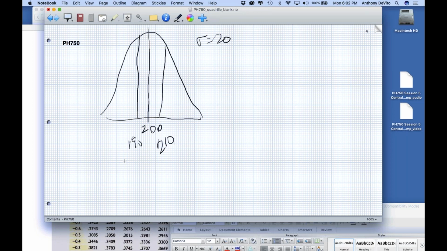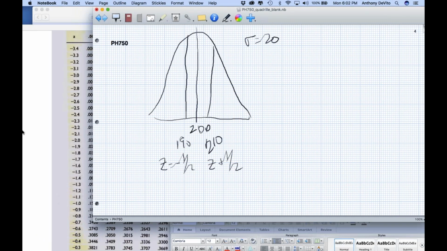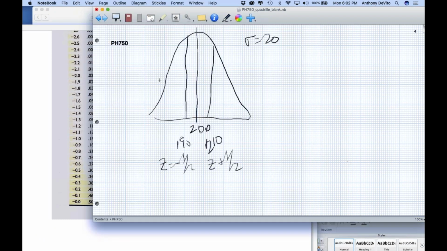Pretty clear that each one of them, this is a z-score of minus 1/2, and this is a z-score of plus 1/2. So I'm going to go to my table, and minus 0.50 is 0.3085. So this area from this point south is 0.3085.